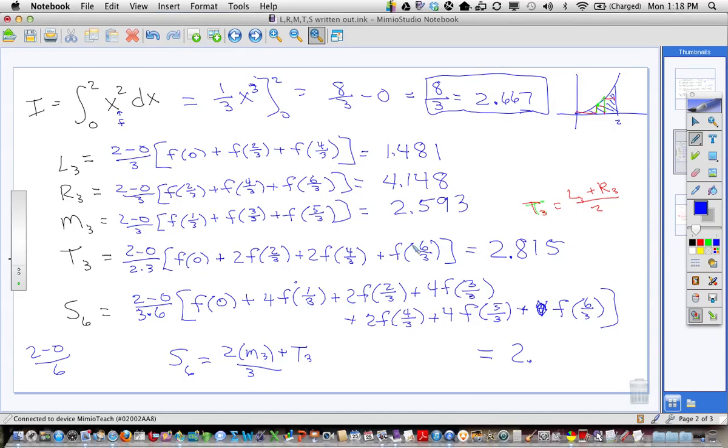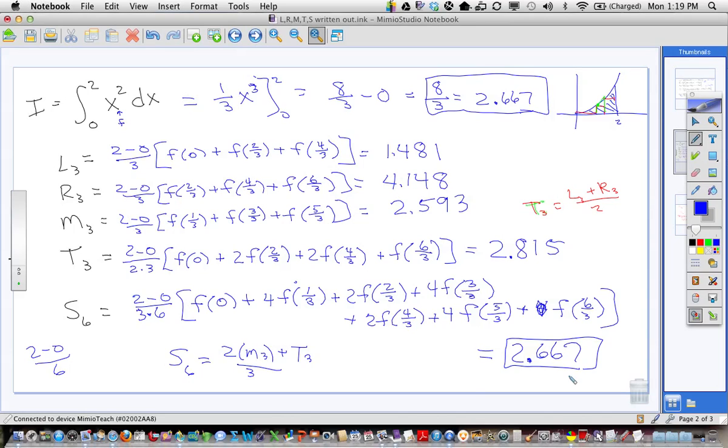And if you do that, you should still get the same answer, a little, these are rounded, so what do you get? You getting exactly the right answer? You should. You should get 2.6 repeat. You should get 8/3. It actually comes out exact.